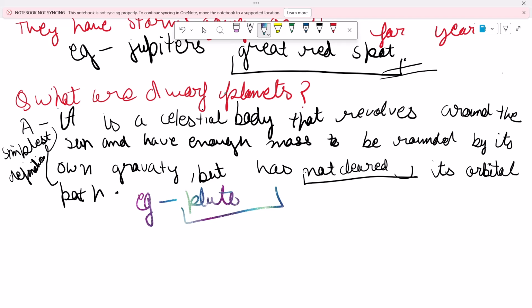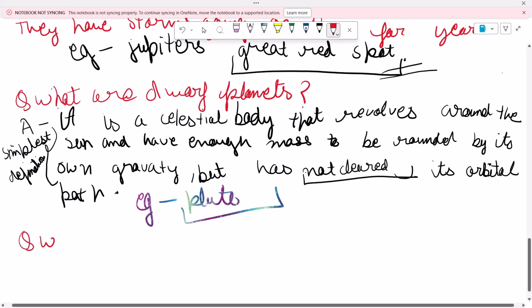Now, we are going to talk about the ice giants. What are ice giants?